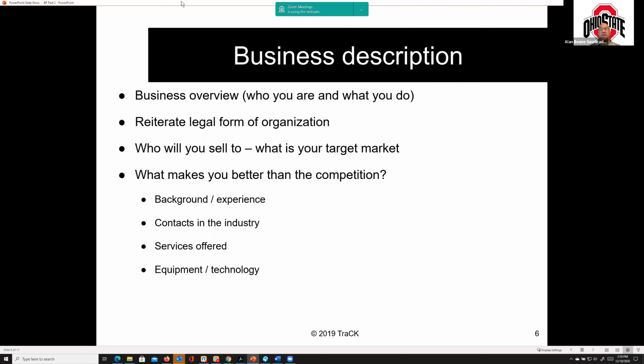You want to say what your focus is, what market you're going to target. And also in your business description, because this is one of the first things that someone, a potential investor or bank, is going to look at in your business plan, you want to say what makes you better than your competition. Is it your background or experience?